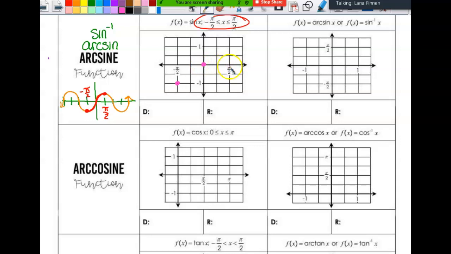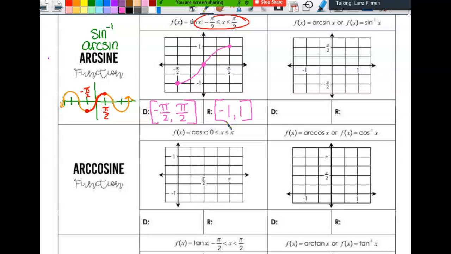When the angle is pi halves, the sine is 1. This is just one little section of the same old sine function. The domain they restricted for me is from negative pi halves to pi halves. The range is from negative 1 to 1, just like it is on the whole sine function.